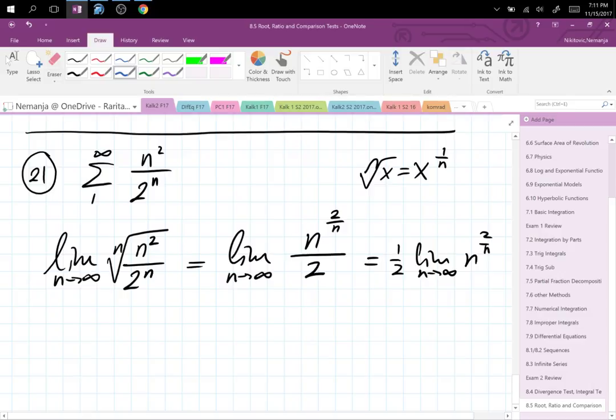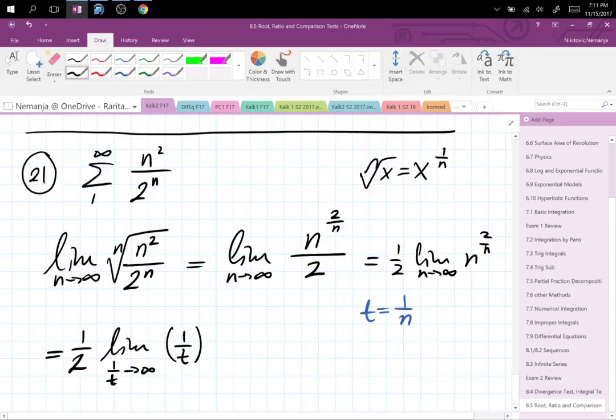Let's try the substitution. So I'll say t equals 1 over n. See if that helps. So it becomes 1/2. And now the limit: if t is 1 over n, then n is 1 over t, which goes to infinity. And I have, again, 1 over t raised to 2t.